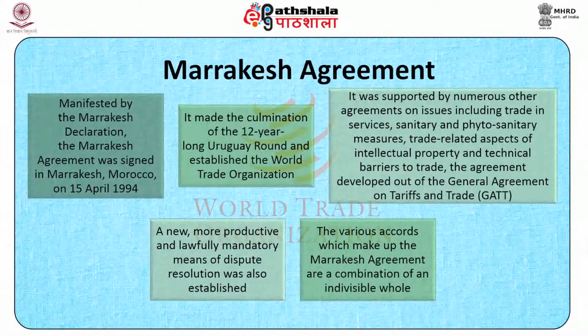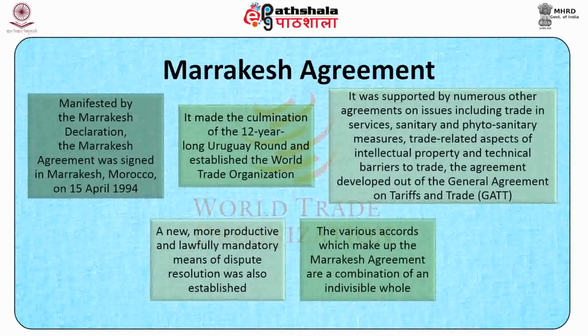On January 1, 1995, it officially came into existence. It was also supported by numerous other agreements on issues including trade in services, sanitary and phytosanitary measures, trade-related aspects of intellectual property and technical barriers to trade.